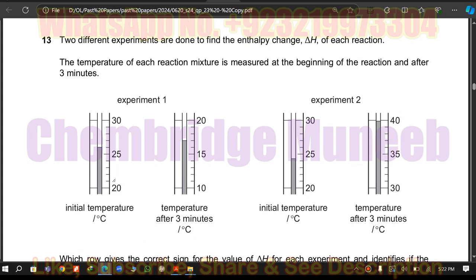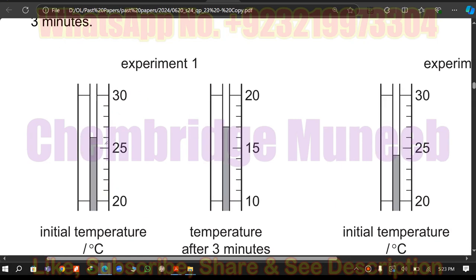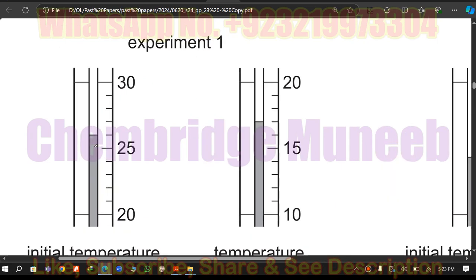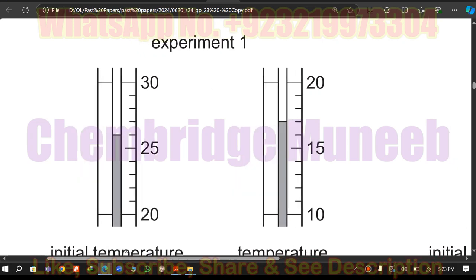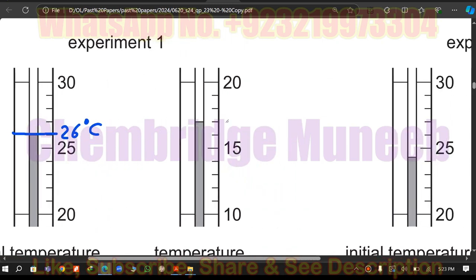So it says that the left diagram indicates the initial temperature and the right diagram indicates the temperature after 3 minutes. So I will check. I can clearly see that this is coming at a value of 26, which means it is 26 degrees centigrade, and on this right picture it lies at 17 degrees centigrade.